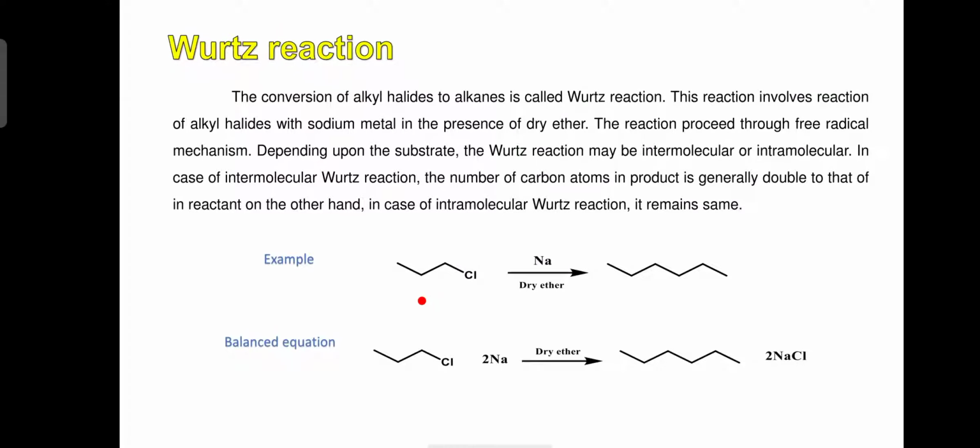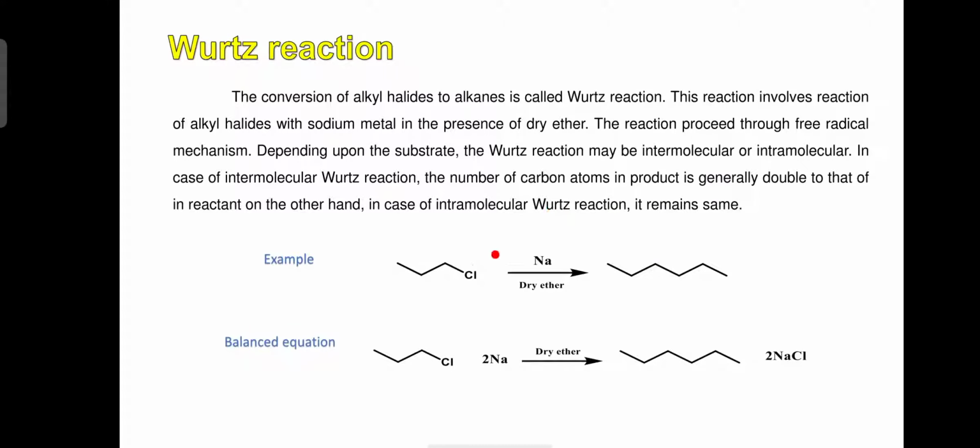But this is not always the case, because sometimes two halo groups are present within the same molecule, and then the two carbon atoms to which the halo groups are attached couple together in the same molecule, and that kind of Wurtz reaction is said to be intramolecular Wurtz reaction.